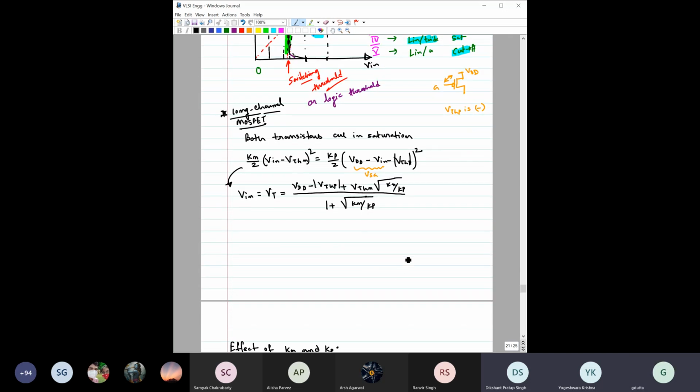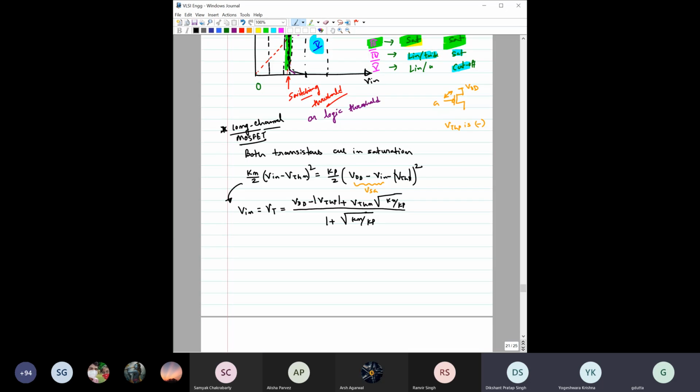Now one thing to notice from this expression: if you consider a situation where VTHN is equal to the mod of VTHP, and Kp equal to Kn, then this is 1, so the denominator becomes 1, and these two threshold voltages are equal, so they cancel.